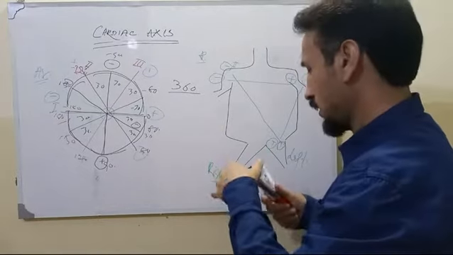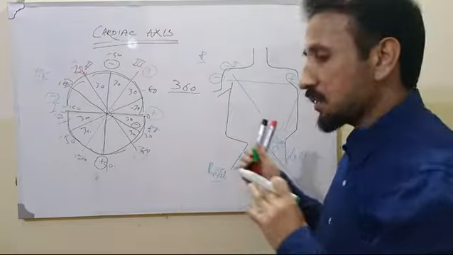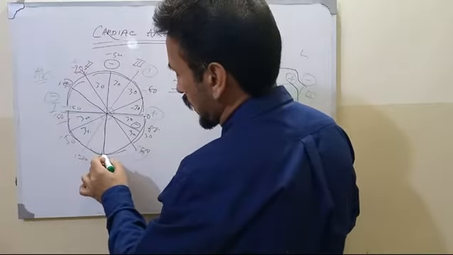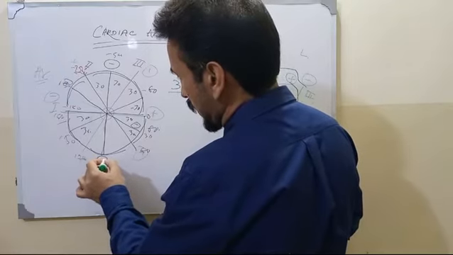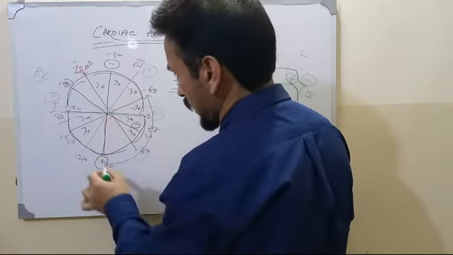If I look at this, the cardiac axis or the normal cardiac vector lies in a range, and the range is from this plus 90 up to minus 30. This is the normal range of the cardiac vector.